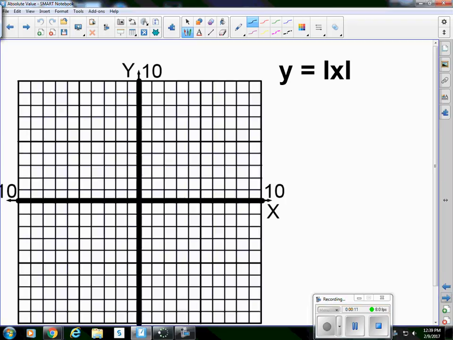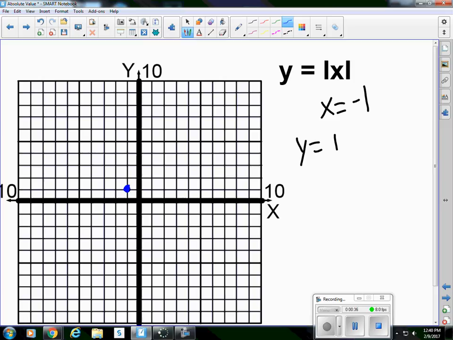So the function y equals the absolute value of x. If x equals negative 1, the absolute value of negative 1 is 1, so y equals 1. So I'll go to x of negative 1 and y of 1. Maybe I ought to do that in blue.